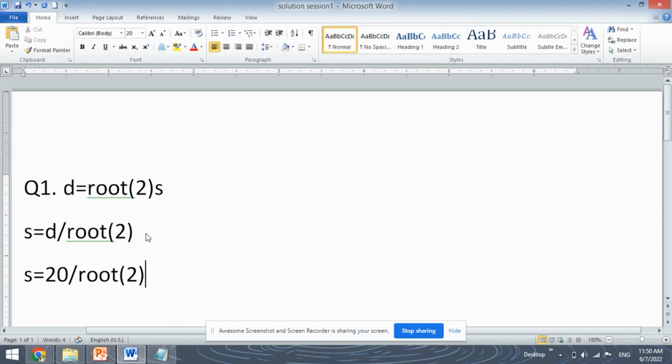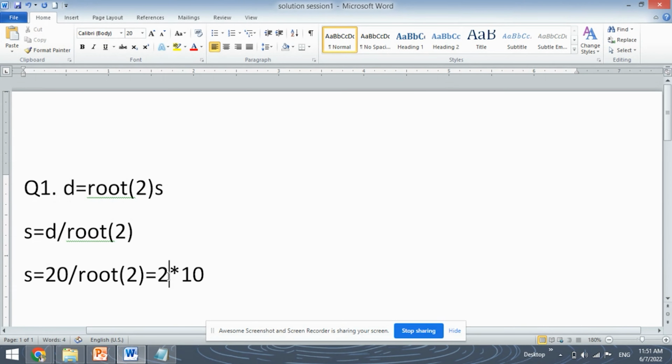So we have 20 over root 2. Now what we will do is split this. Split 20 into 2 into 10, which is 20.